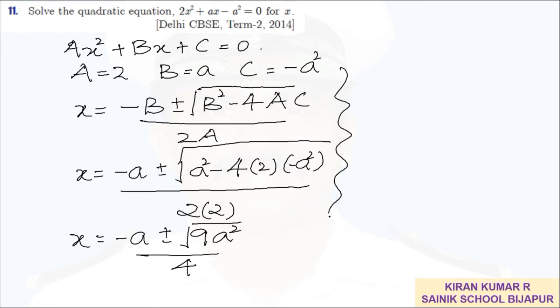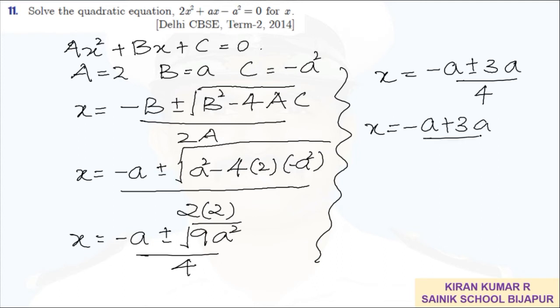Let me continue here. X will be minus a plus or minus root 9a square is nothing but 3a divided by 4. So the two roots are negative a plus 3a divided by 4, or negative a negative 3a divided by 4.